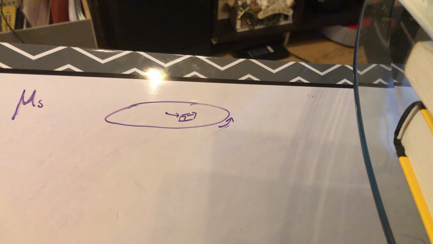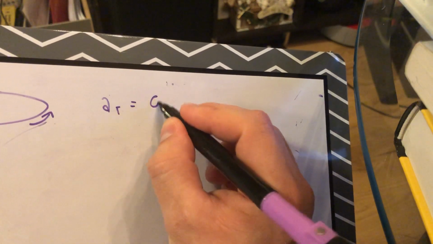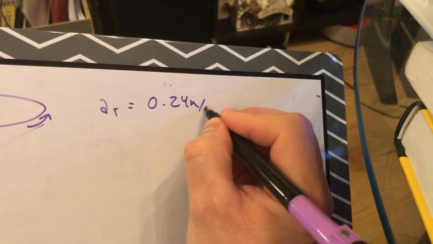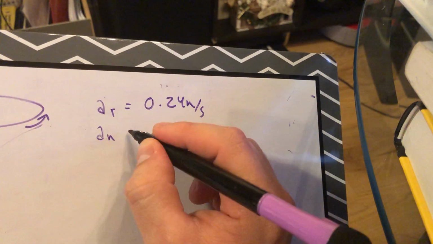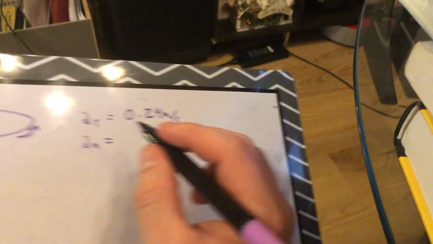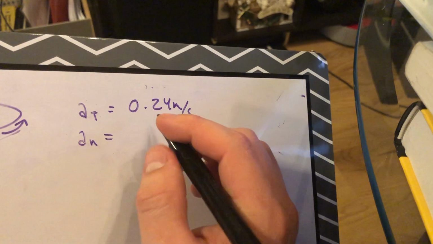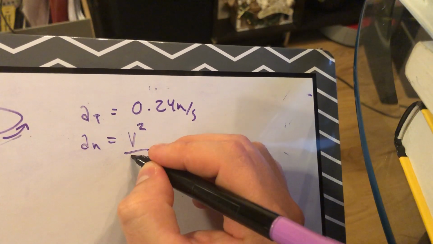So we have a constant tangential acceleration of 0.24 meters per second squared, and a radial acceleration, or normal, however you want to call it. It really just depends what situation I'm in.